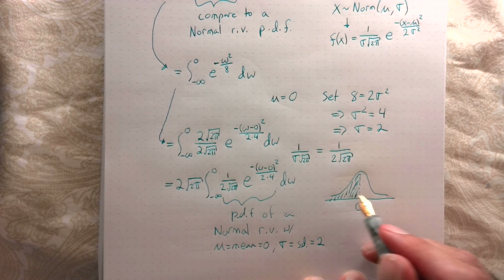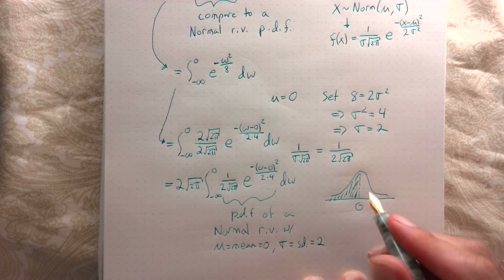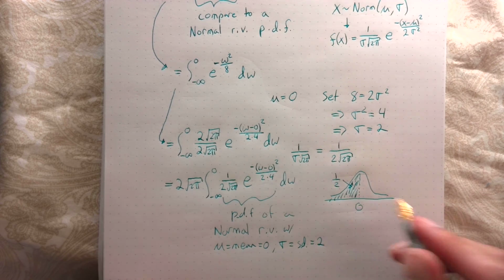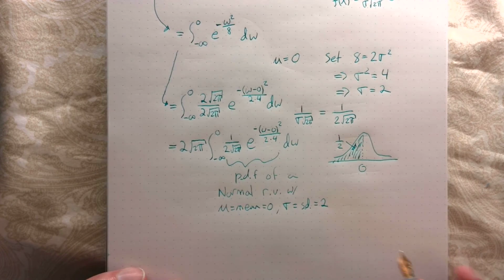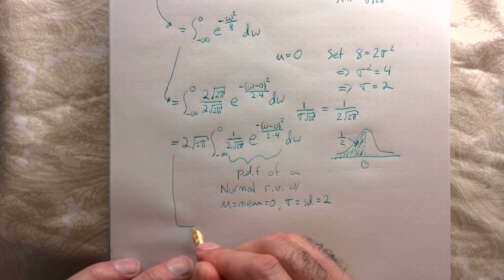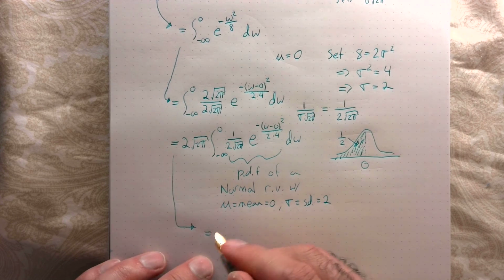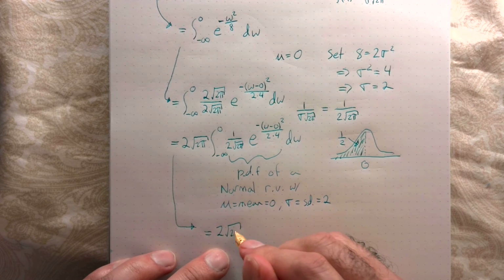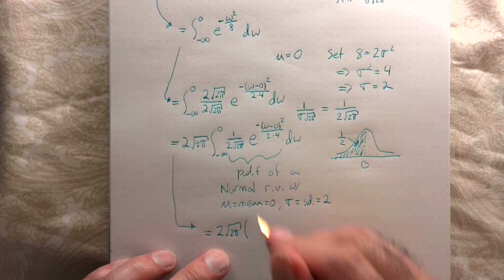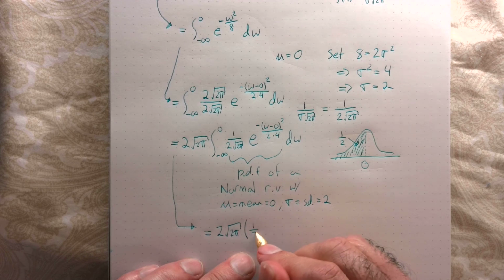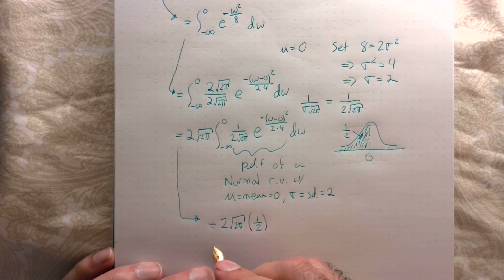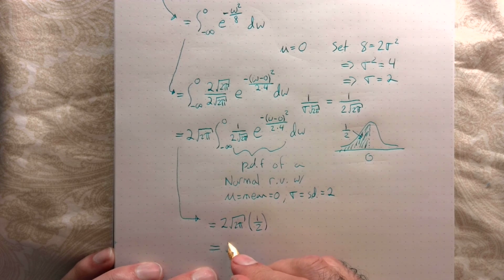So I'm adding up two equal things, and they have to equal 1, which means each of them has to be 1/2. So now we get 2 times the square root of 2 pi, and this integral becomes exactly 1/2. The 2 and the 1/2 cancel, so this is exactly equal to the square root of 2 pi.